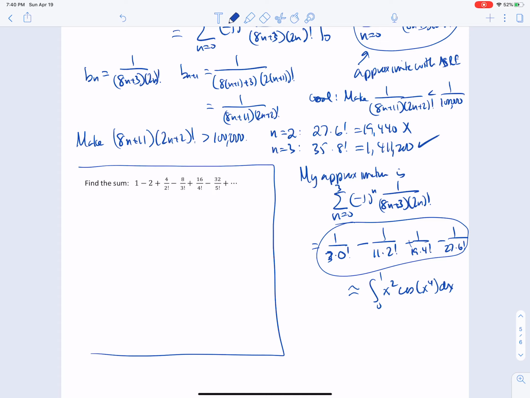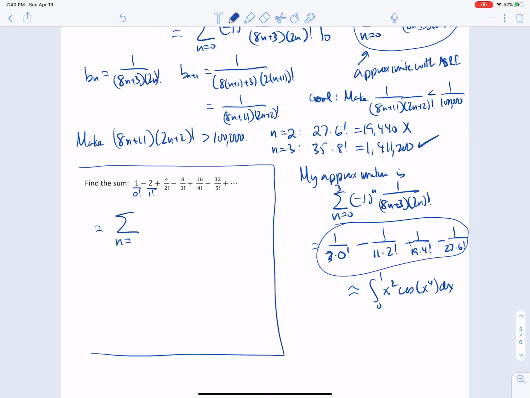I said that was my final example, but I was wrong. I've got one more. Let's find the sum 1 minus 2 plus 4 over 2 factorial minus 8 over 3 factorial plus 16 over 4 factorial minus 32 over 5 factorial plus and so on. So we've got hopefully enough information here to write this in some sort of summation form. I'm going to put that over 0 factorial and that over 1 factorial.